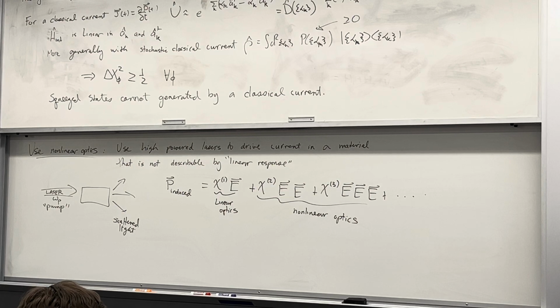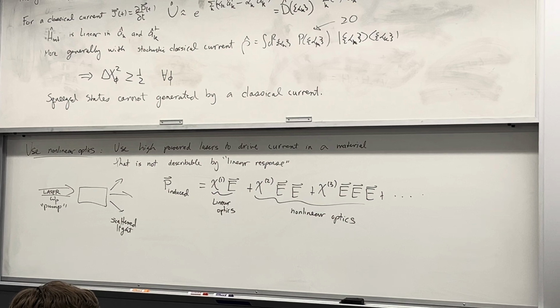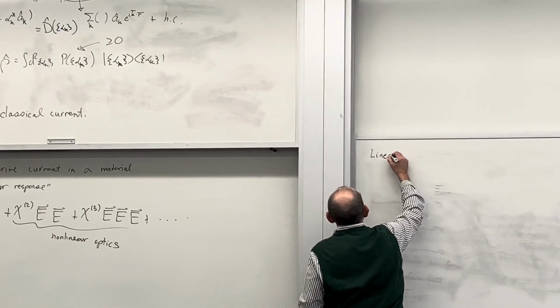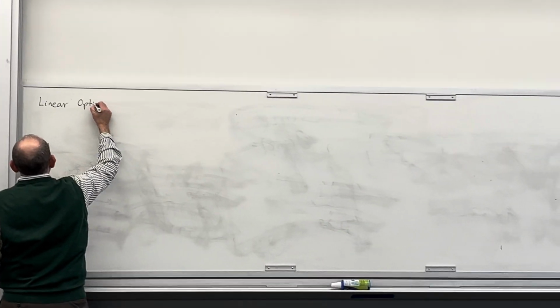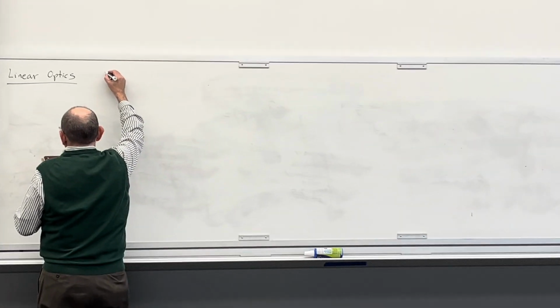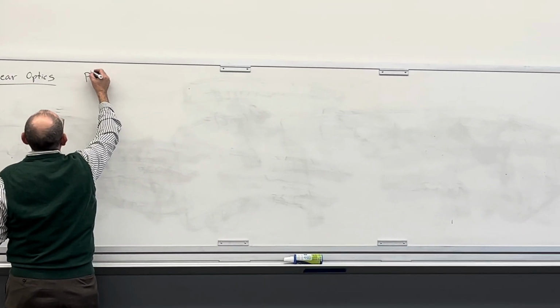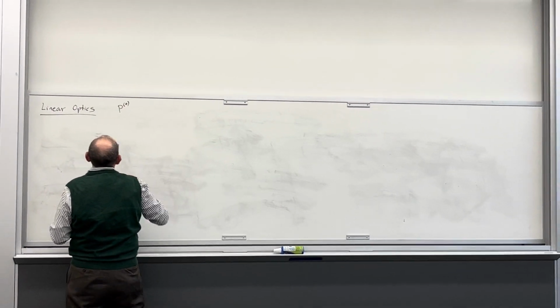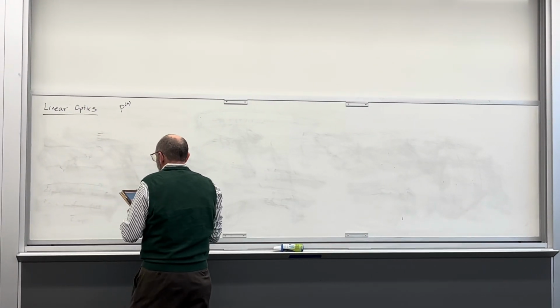So in linear optics, I might write the positive frequency component. I'm going to treat this for some given polarization mode, so I'll leave off the vector nature.